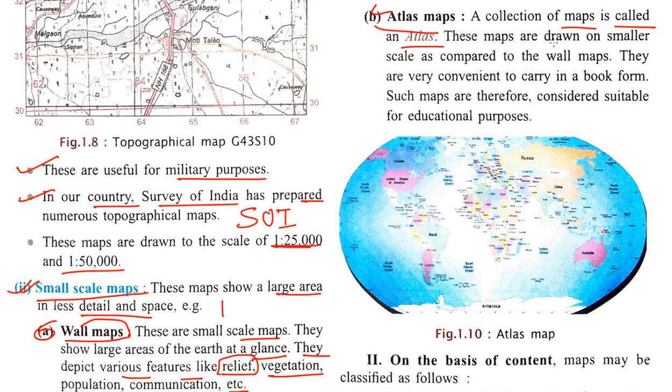Here a wall map is on a wall or any chart paper like this, but atlas maps we show in our book size. So here we use a smaller scale compared to wall maps, and they are very convenient to carry in a book form. Such maps are therefore considered suitable for educational purposes.